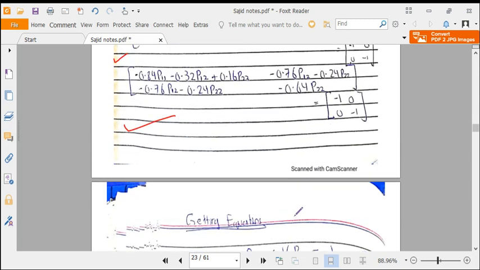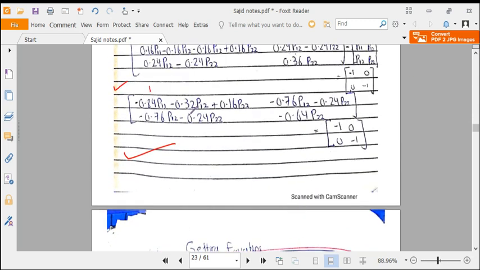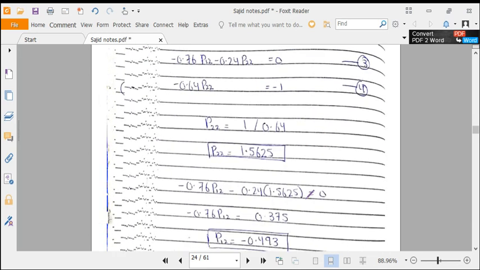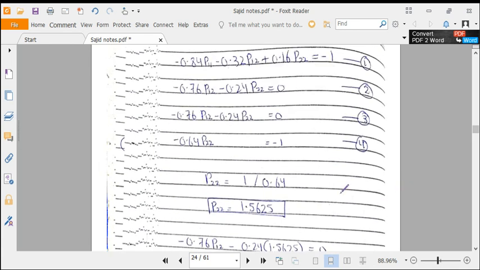Now we can compare the entries. We compare this entry with this minus 1, and this entry with this entry, this entry with this entry, and similarly this entry with this entry. We get four equations, so we can solve these to get our p11, p12, p22 and p13.